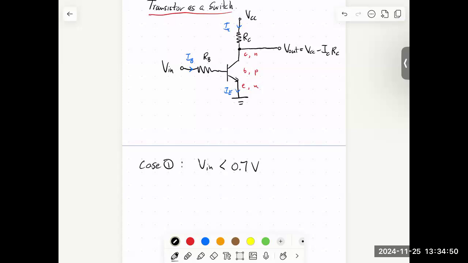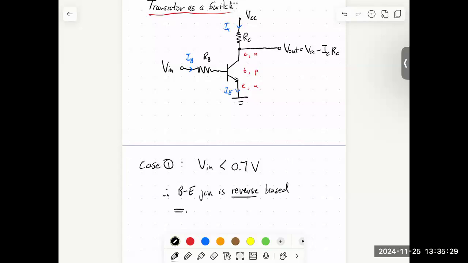Right now I'm considering the opposite case. In that case, the base emitter junction is reverse biased, and we're not going to get any of the electrons crossing that junction and drifting over to the base collector region. So everything we said is not going to happen. We're just not going to have any current flow. So in this first case, the base emitter junction is reverse biased.